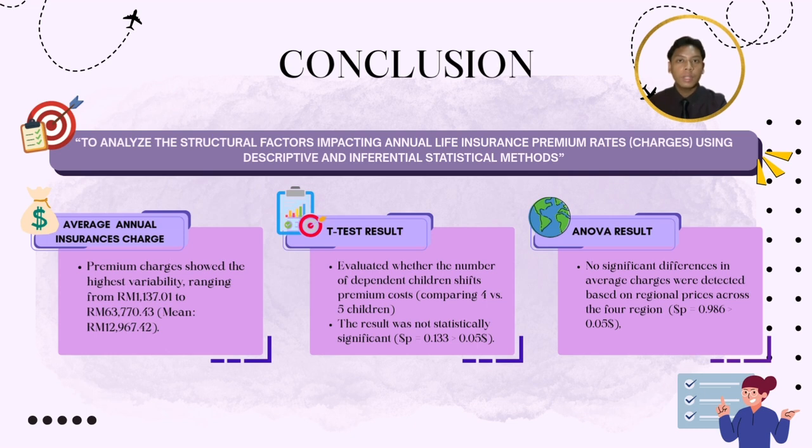This confirms a uniform premium architectural framework across regions. Ultimately, these findings highlight that while certain demographics like location do not shift pricing, robust data analytics remain absolutely vital. It empowers insurance firms to optimize their predictive risk models, maintain standardized regional pricing structures, and precisely target key lifestyle segments.